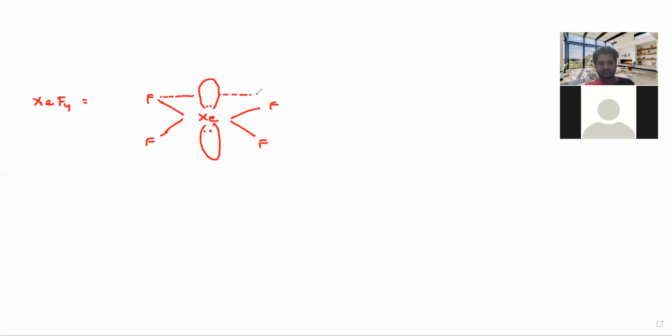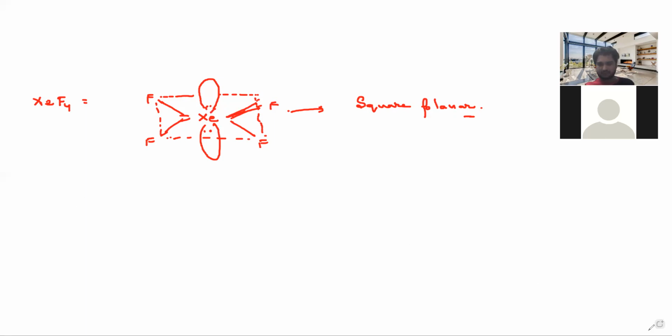But when we are discussing about the shape, you will call it a square planar. So this shape is square planar shape. Simple.